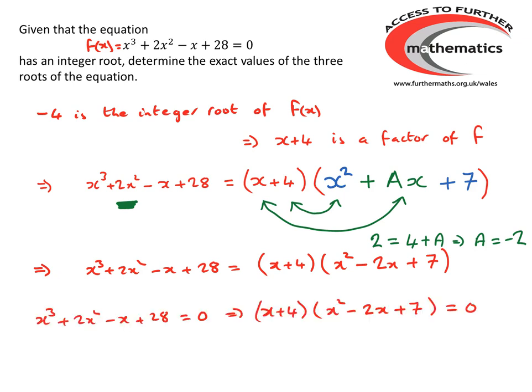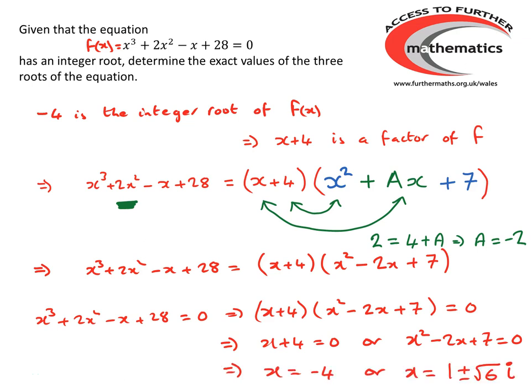So solving the equation x cubed plus 2x squared minus x plus 28 equals 0 is equivalent to solving the equation x plus 4 times x squared minus 2x plus 7 equals 0. So we've either got x plus 4 equals 0, or we've got x squared minus 2x plus 7 equals 0. x plus 4 equals 0 gives me x equals minus 4. x squared minus 2x plus 7 equals 0 is a simple quadratic equation.